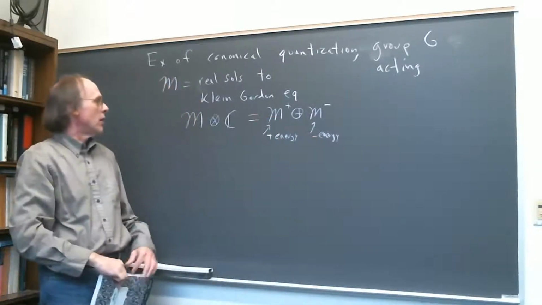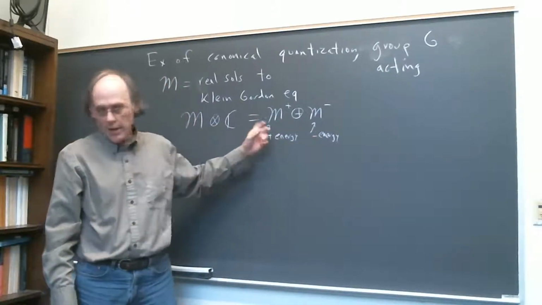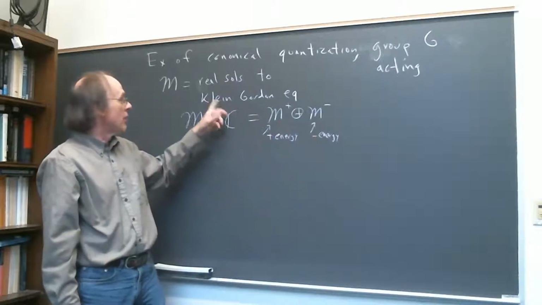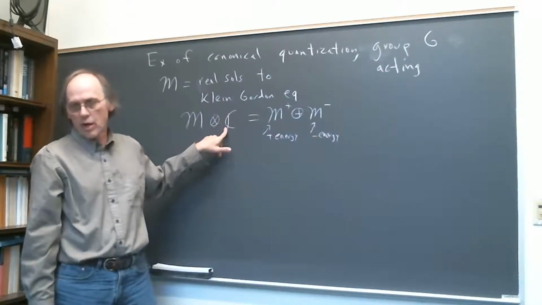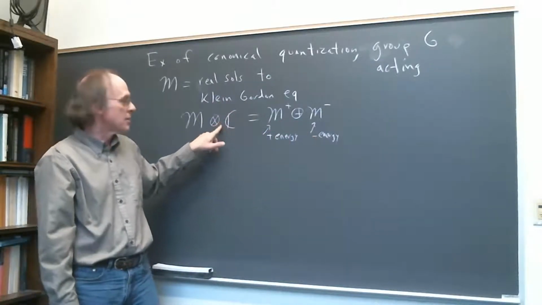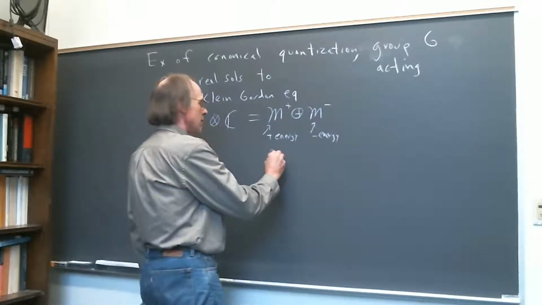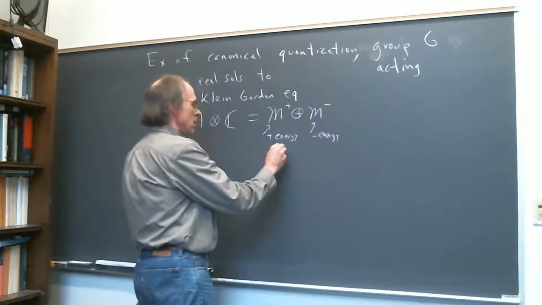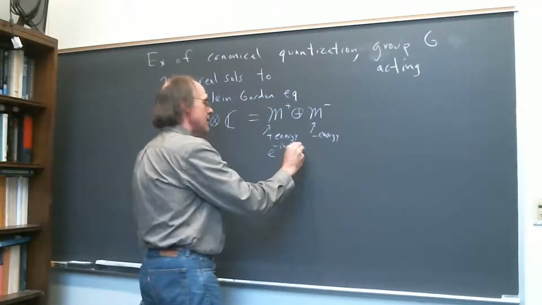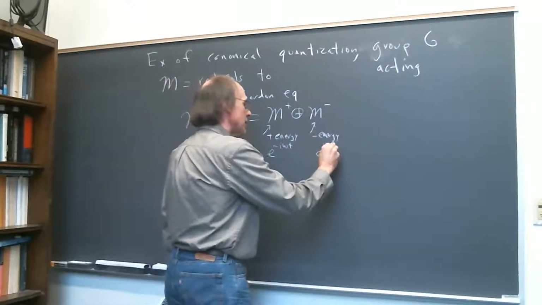And if you want to diagonalize the energy operator, it turns out you have to work over the complex numbers. So this is complex. These are the things that look like e to the minus i omega t, and these are the things that look like e to the i omega t.